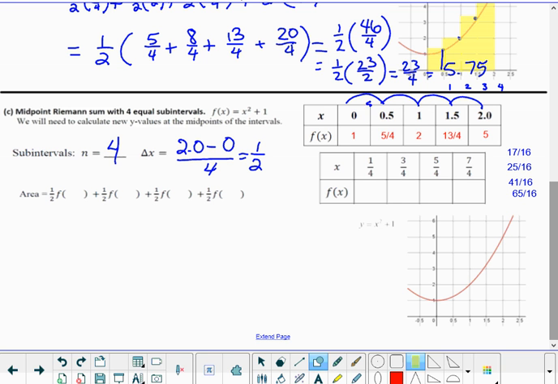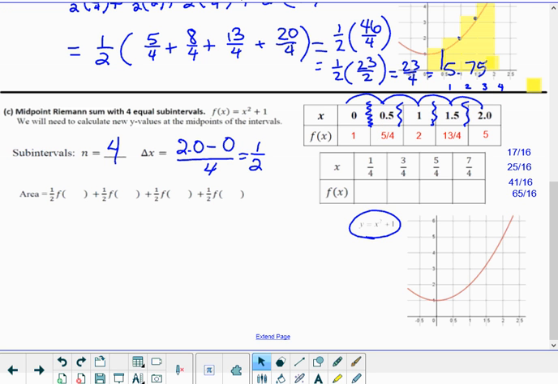Problem is, I want to evaluate right here, right here, right here, right here on the midpoints. So I want to evaluate when x is 1/4, 3/4, 5/4, which fits between there, and 7/4. I would put these into my y equals x squared plus 1.